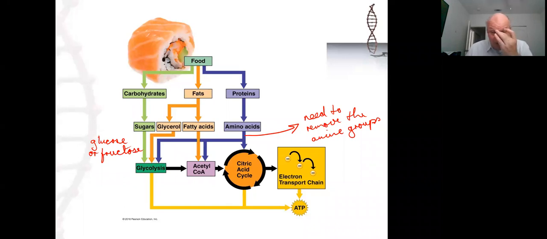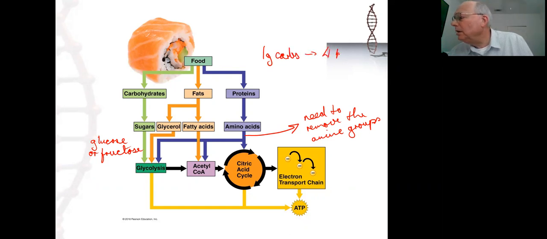And I think I've given you the energy breakdown before. But if I haven't, let me give it to you. Now, if I have, well, it never hurts to see it again. So 1 gram of carbs gives you 4 kilocalories. 1 gram of protein also gives you 4 kilocalories. 1 gram of fat gives you 8 kilocalories.